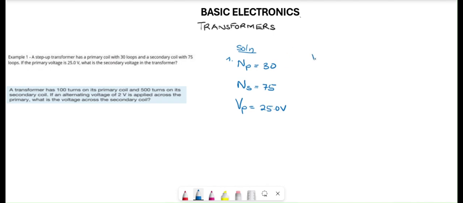So we use the formula: primary voltage over secondary voltage is equal to primary number of turns over secondary number of turns. So primary voltage is 25, secondary we don't know. Number of turns in primary is 30. Number of turns in secondary is 75.